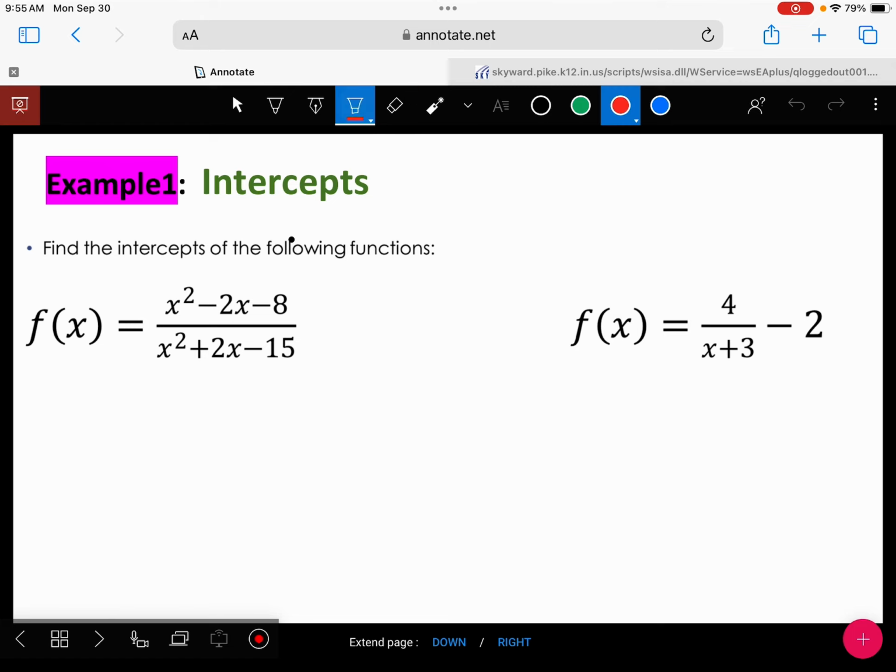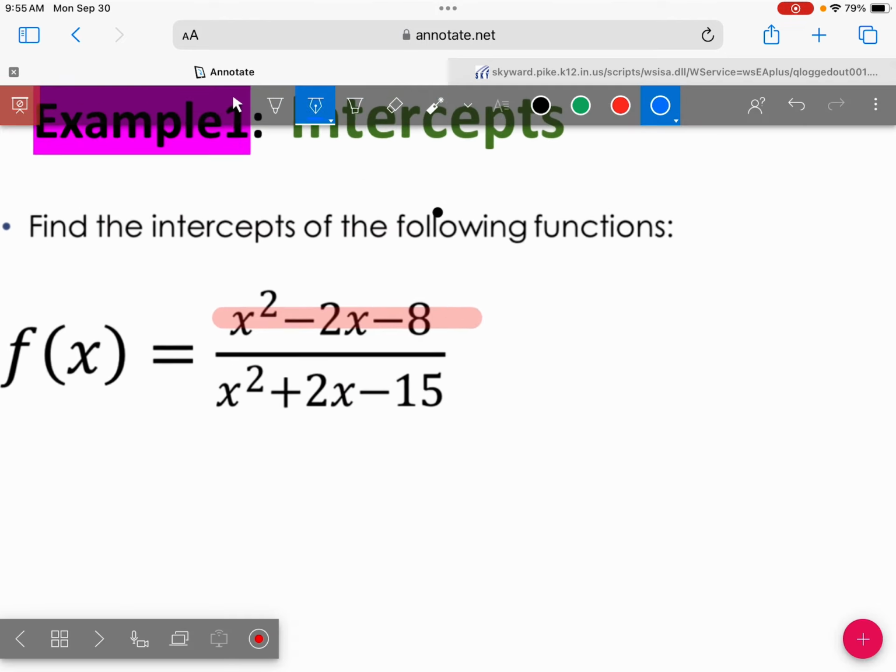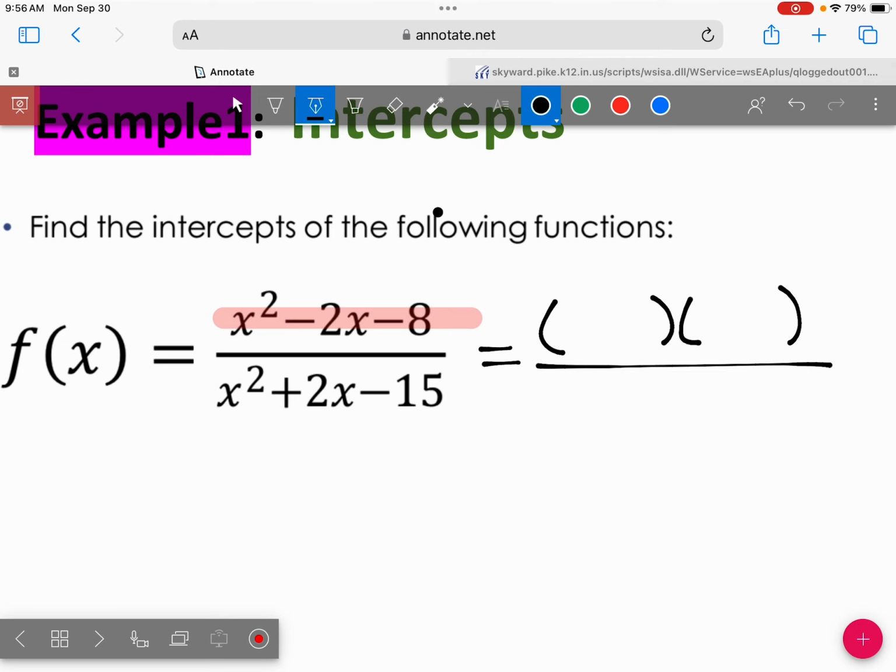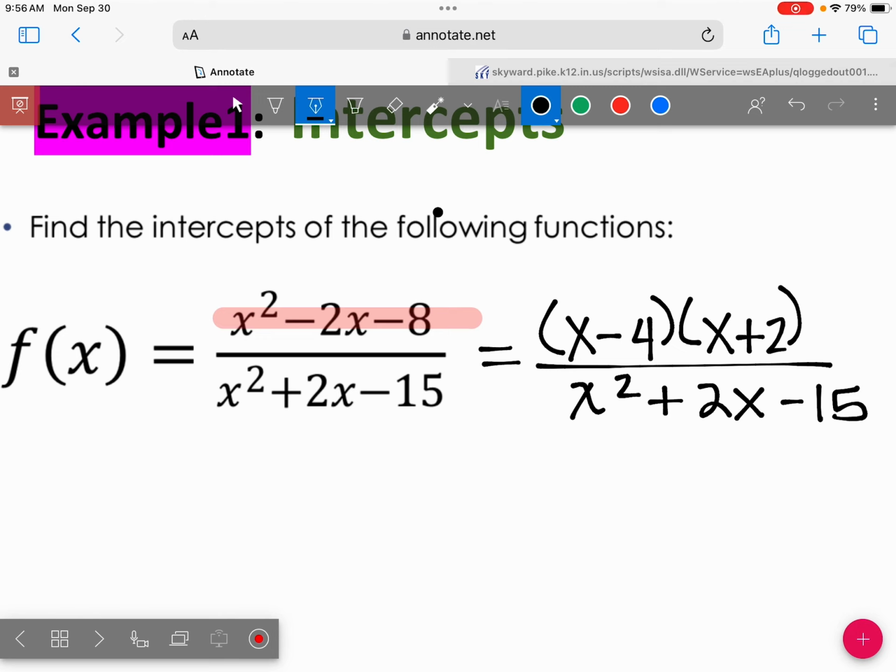So again, to find our x-intercepts, we're going to look at our numerator and factor that down. We can do a shortcut, and it would be two numbers that multiply to give you -8 and add to -2. Those two numbers would be -4 and +2.